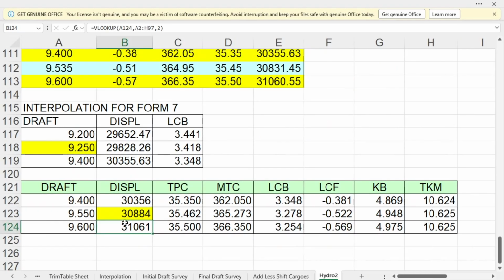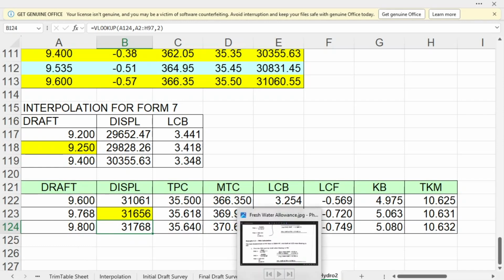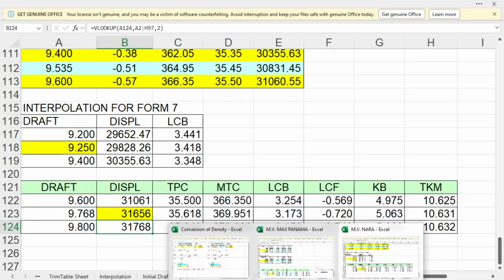What will be his corresponding draft? 31656. What will be his corresponding draft? His draft will be 9.768. So you put here 9.768.